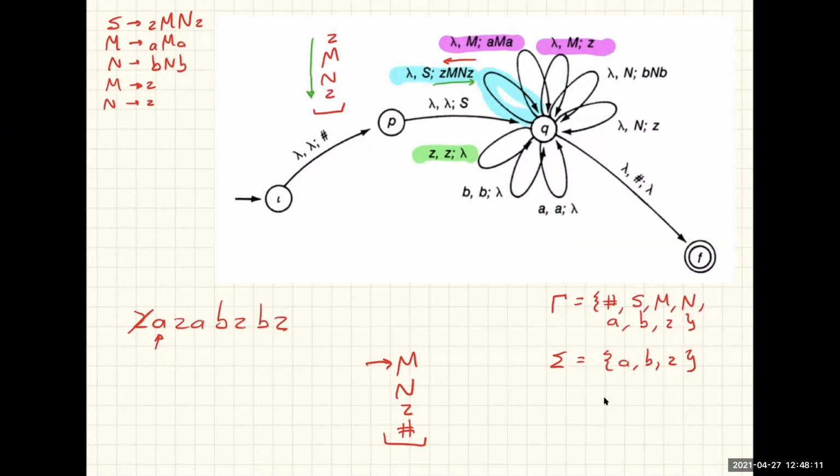So in this case, as we know that it's better for us to process an AMA, we will follow this one. And now you should ask me, how do we know which one of these rules to apply? Well, first you can see this is a non-deterministic automaton. And as such, you remember that when we have several options, in theory, we should be able to explore all of them.